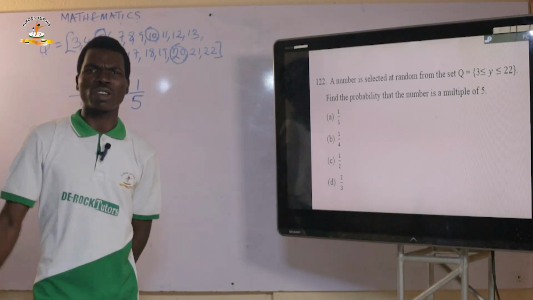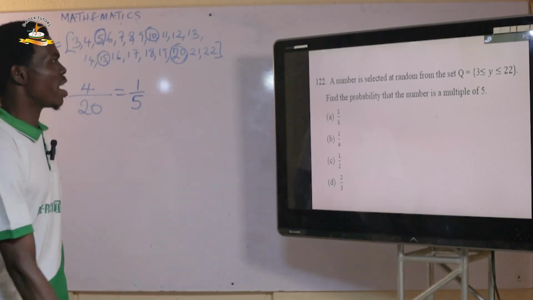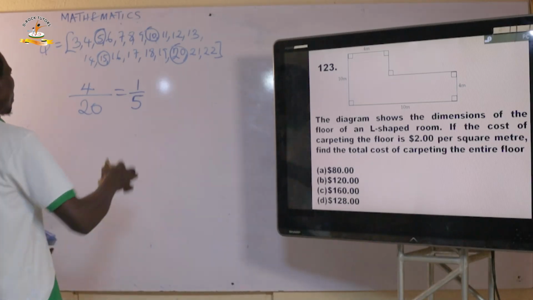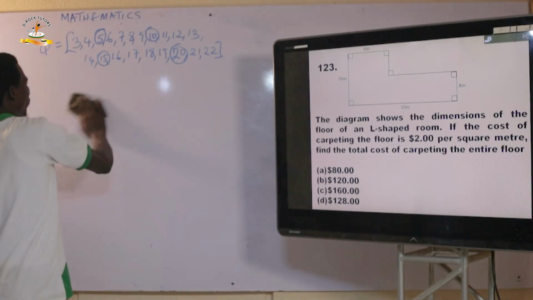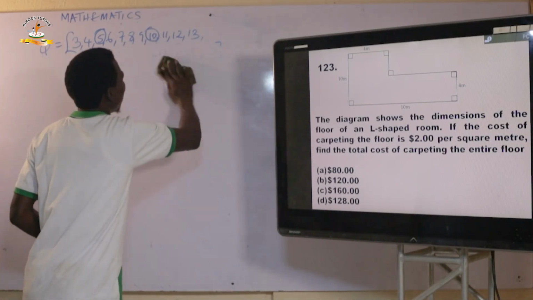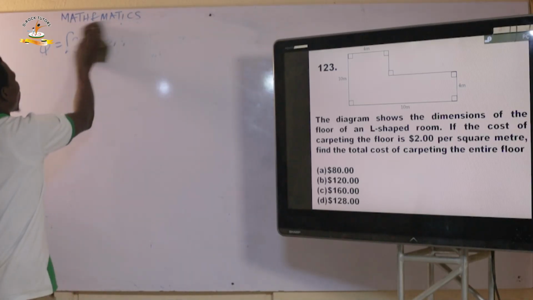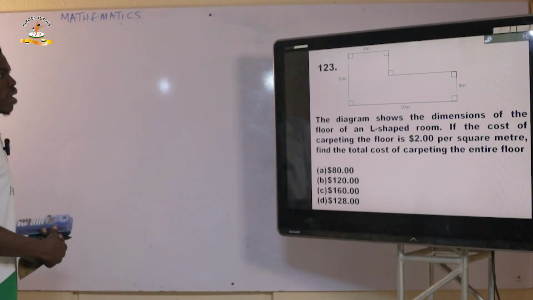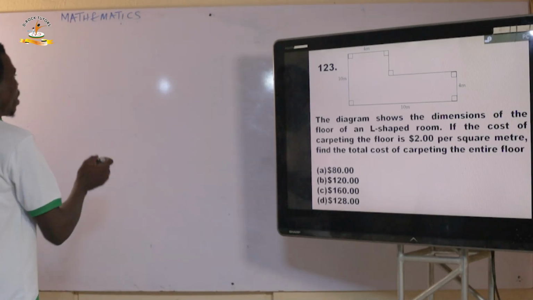So the correct option here is option A. Our next question. Alright, this is a mensuration problem. Let's see, we're given a diagram, so I will draw the diagram out.